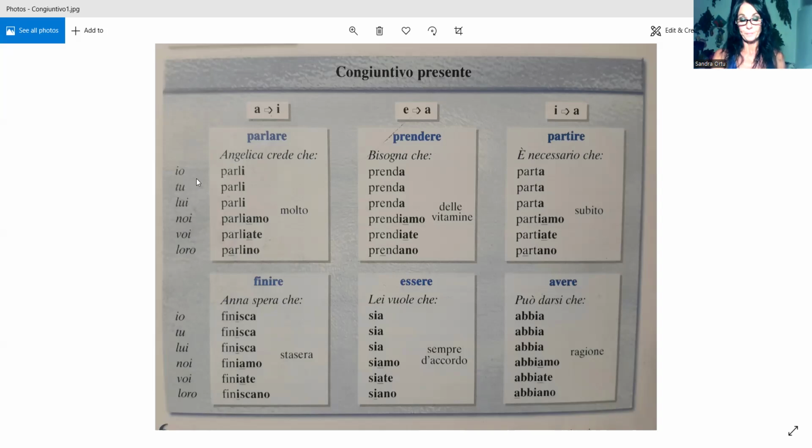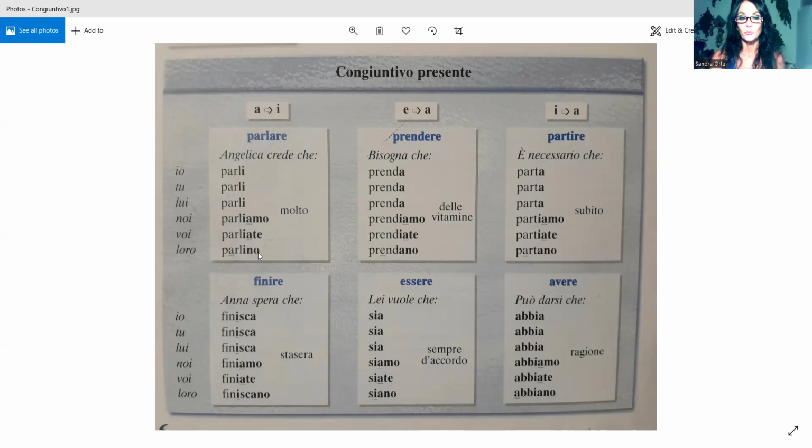Continuing on the first group of verbs in are, we have the ending for noi in iamo, which is exactly the same as the present tense. For voi, we have iate, parliate.